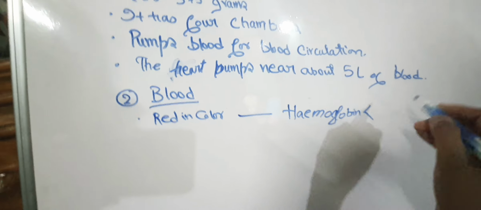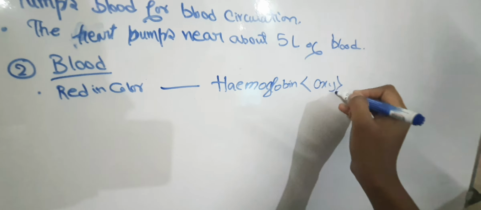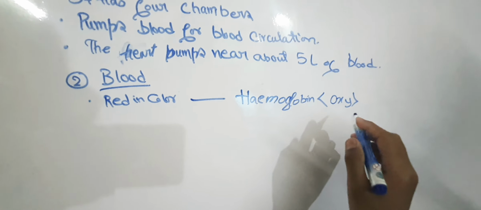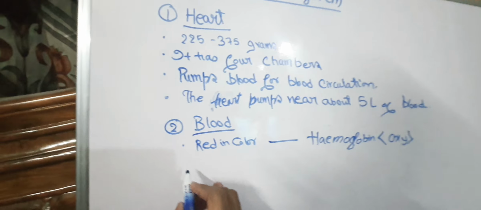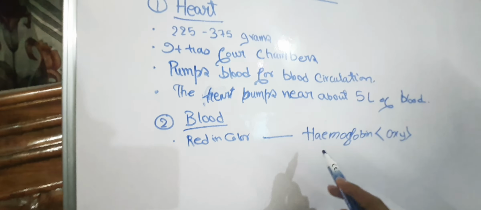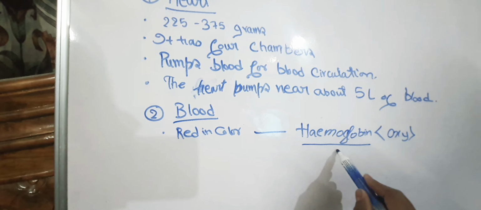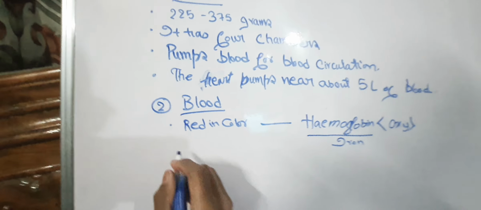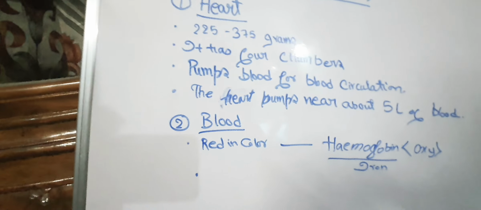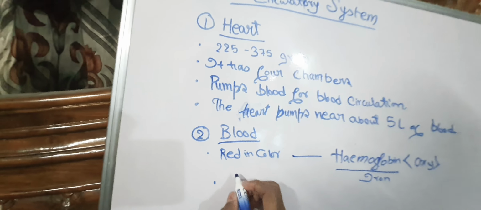The hemoglobin reacts with oxygen to form oxyhemoglobin, then carries oxygen to all parts of the human body. So why is the blood red in color? Due to the presence of hemoglobin. The hemoglobin also contains iron. It is a primary element and it is also very important. Please take a note.